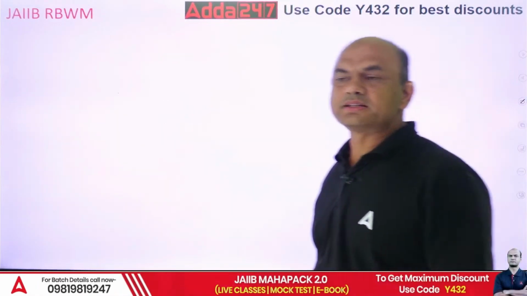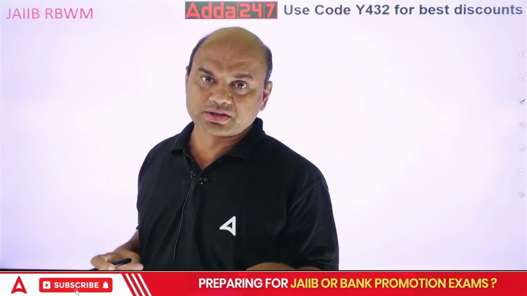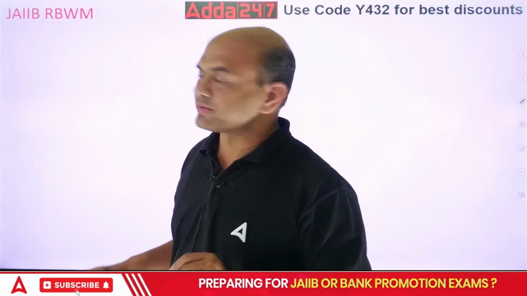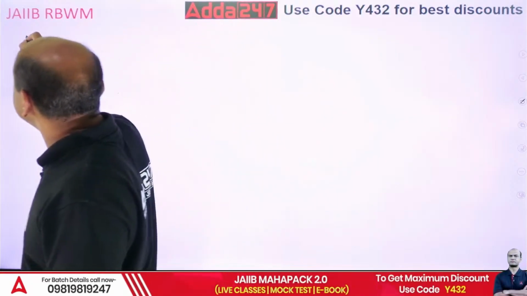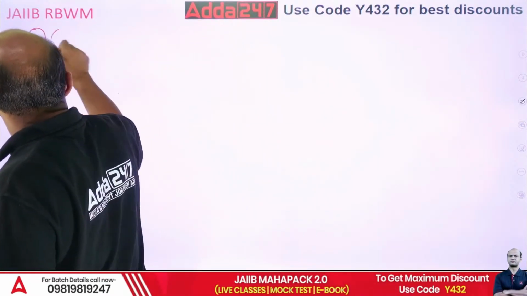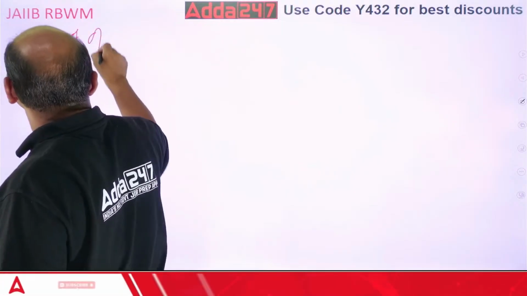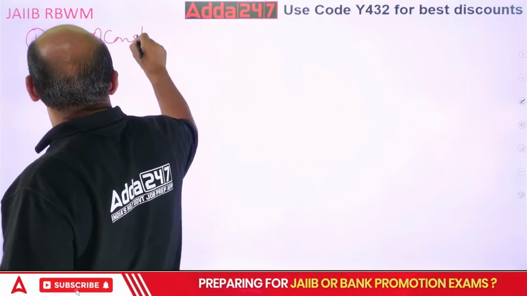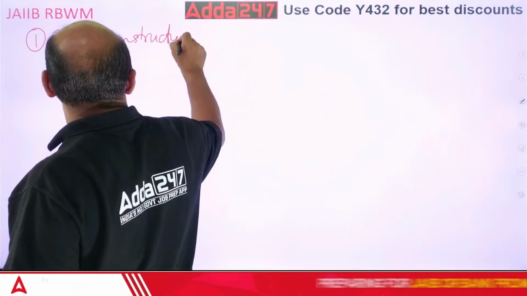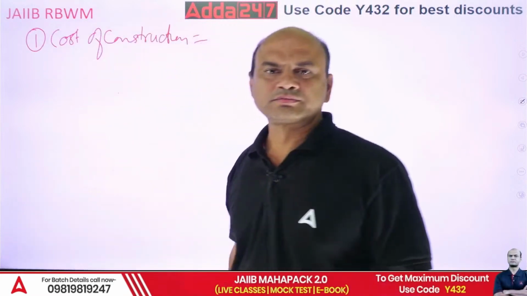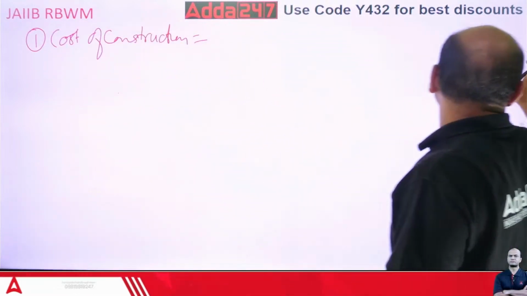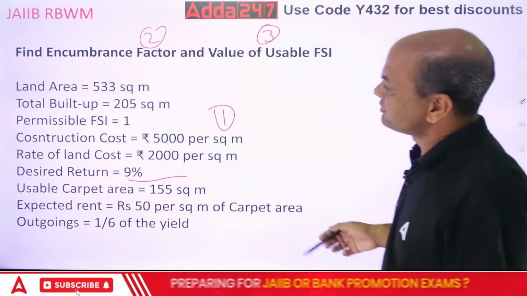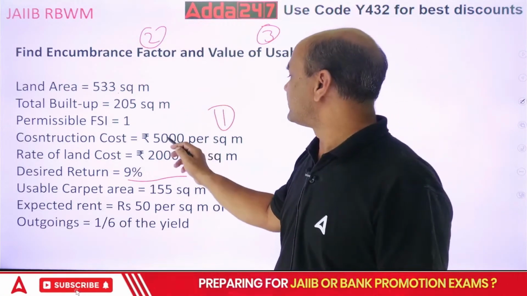For finding the desired yield, you need to first get the details. What is the total cost? See, cost of construction is given. So let's start. First one, cost of construction. Cost of construction is 5,000 per square meter.